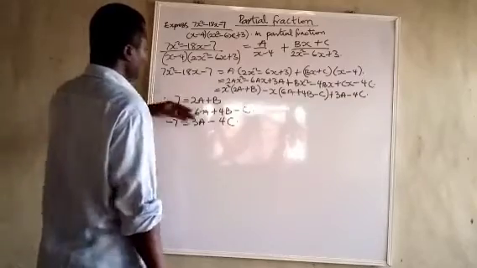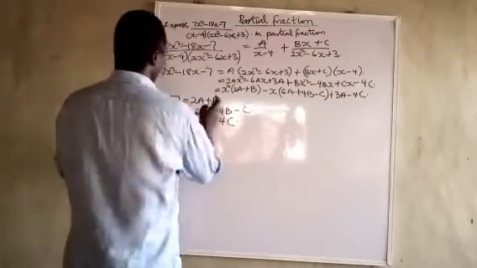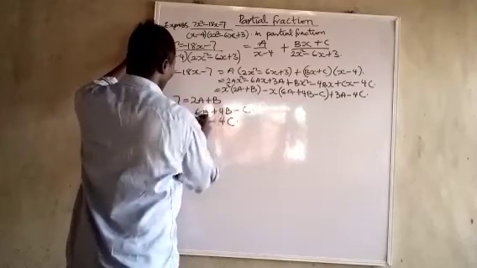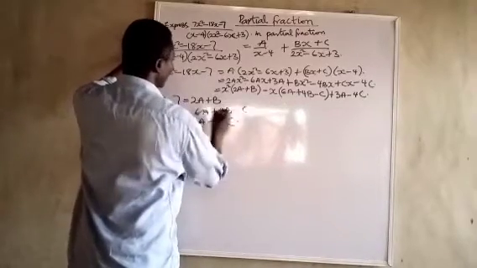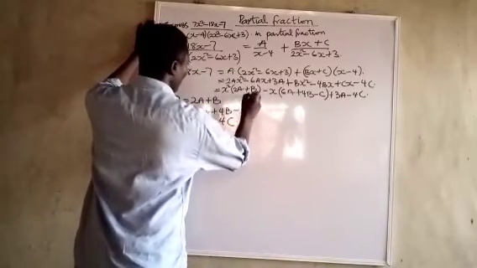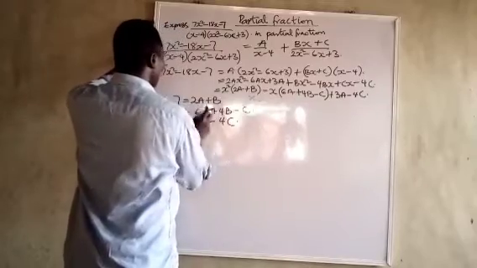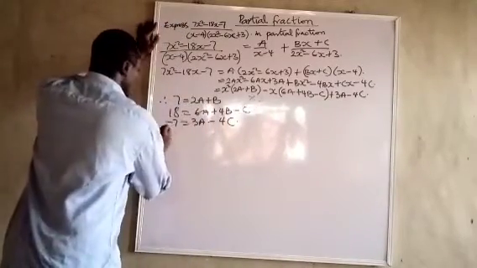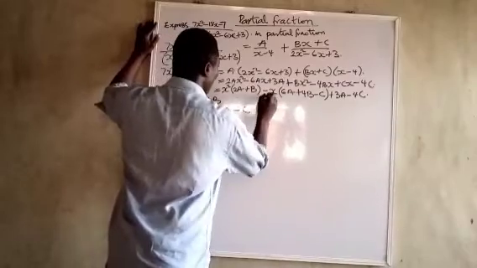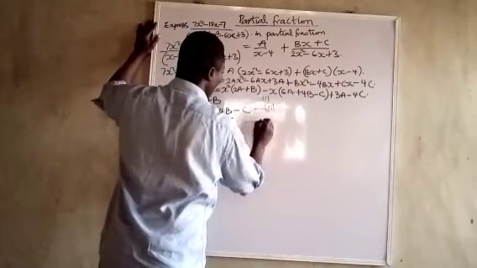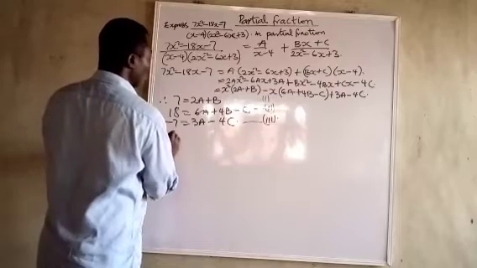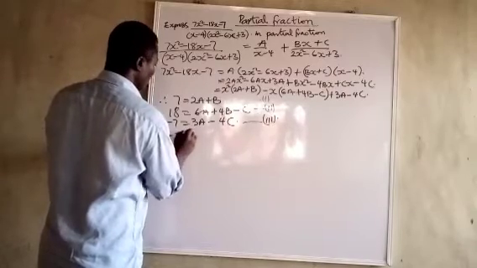In this part, let me try to eliminate a from here and here. So if I multiply this one by, let's say, 3, and subtract from this one. Let me say this one is 1, 2, and 3. So I can say 2 minus 3.